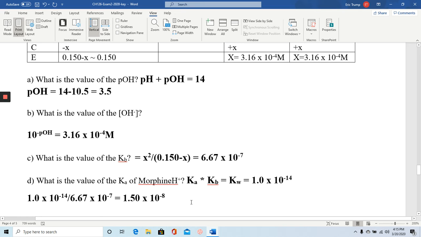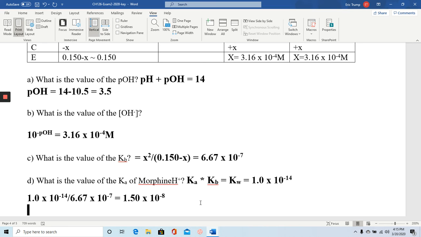Keep in mind that pH and pOH values are going to be small numbers, usually between 0 and 14. They're not going to be large exponential values, 10 to the 6th, or small exponential values, 10 to the minus 8th.